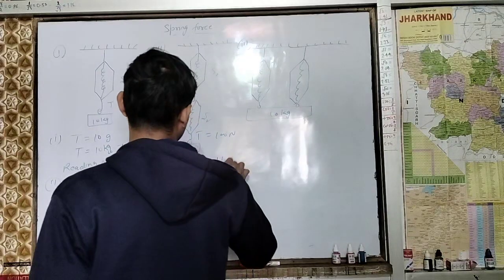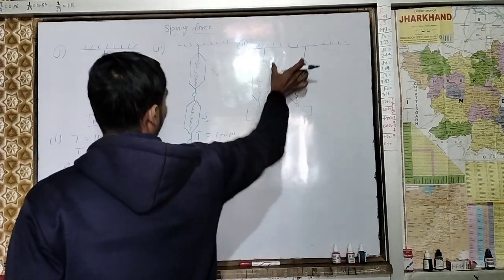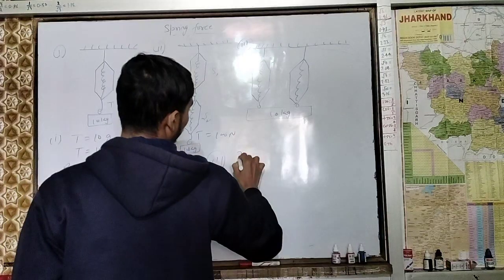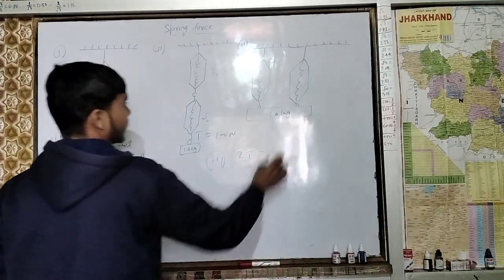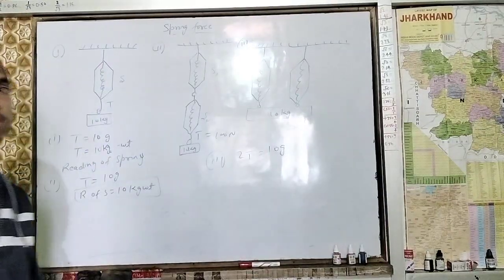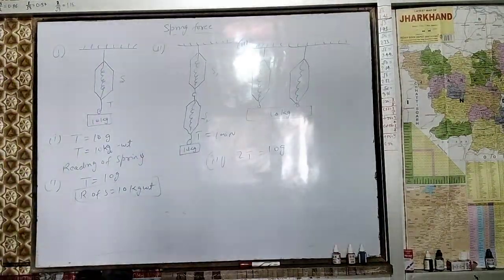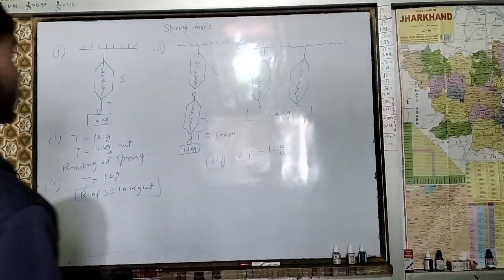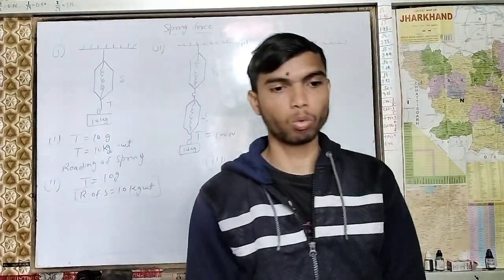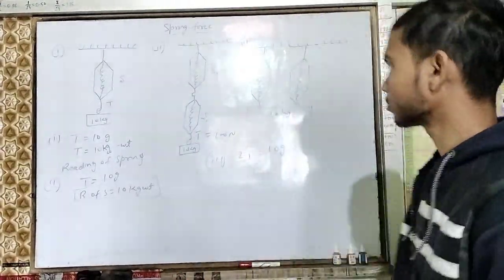Now for the third case, we have 2T, this T and this T, so this will be added. This will be 2T, and 10 multiplied by g, 10g. There is only one object, but two springs are holding only one mass. Only one force, which is 10g.